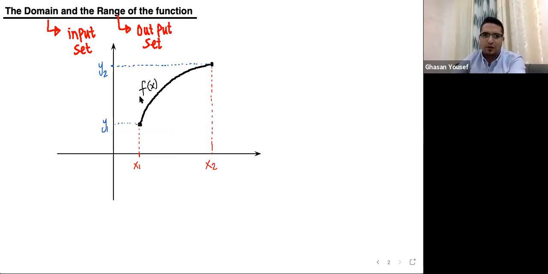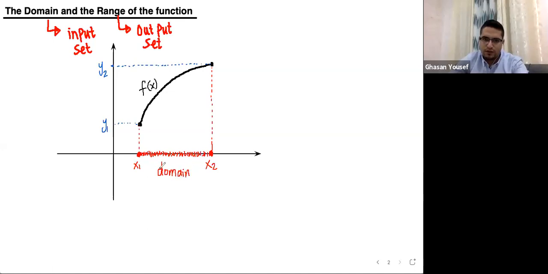So all values that the function uses are from x1 to x2. All these values on the x-axis are used. So this is my domain, from x1 to x2.